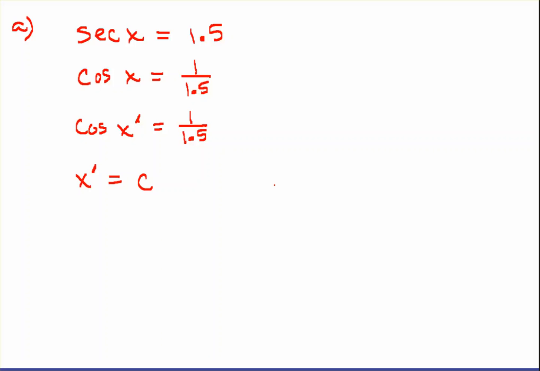Again, one more little step, just some algebra. The only way we can cancel cosine is if we take cosine inverse of both sides. So cosine on one side cancels by cosine inverse on the other side.